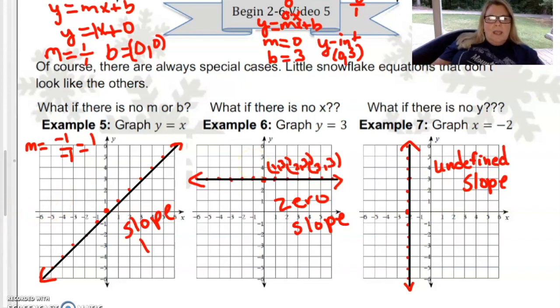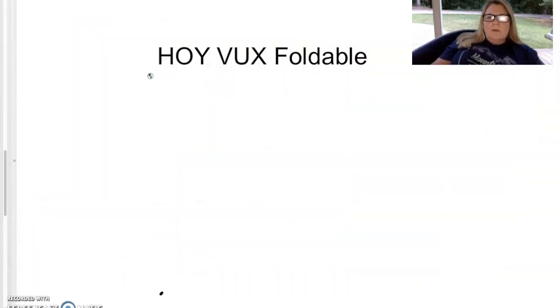So there is an acronym that we use to kind of help us memorize that, and it's HOI-VUX. And you'll take a few minutes and probably do a foldable with your teacher right here. But H being horizontal, and I don't know if I can write this very good.